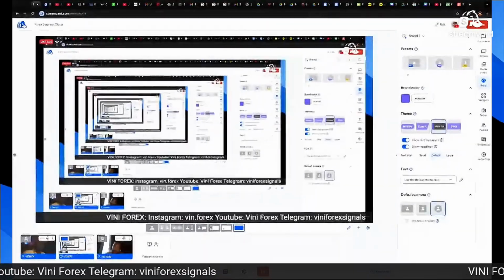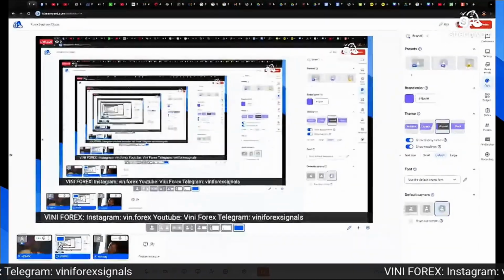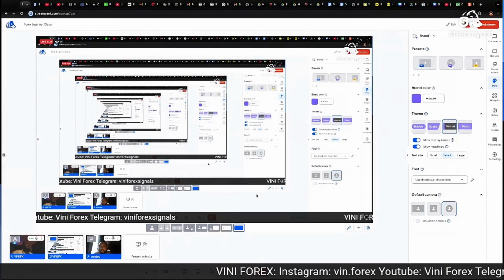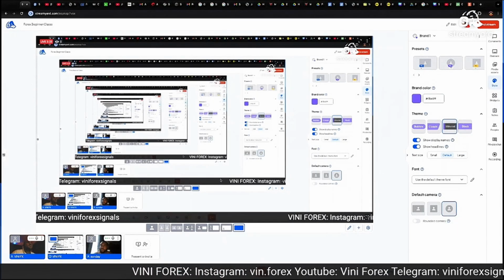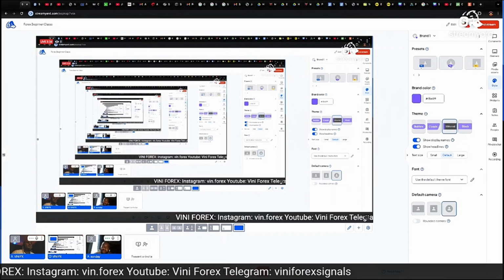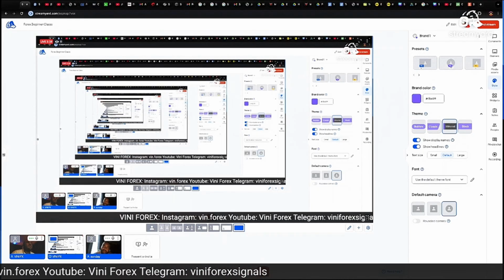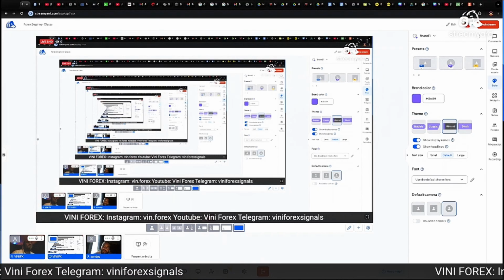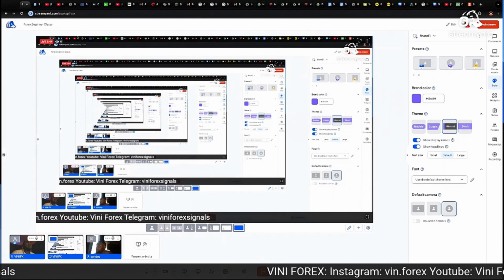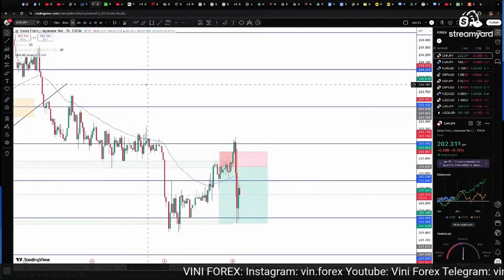How do you see the screen? Is it somehow bigger? Yes, sir. Is the screen bigger now? Is the audio okay? Yes, it's bigger than before and fits better now. Do you see the chart bigger?